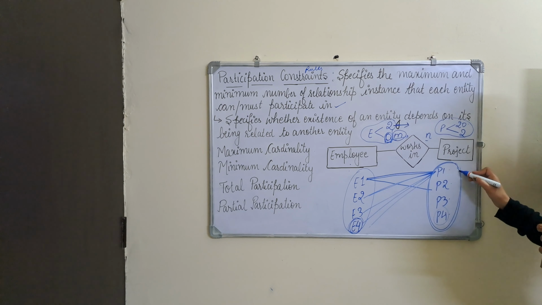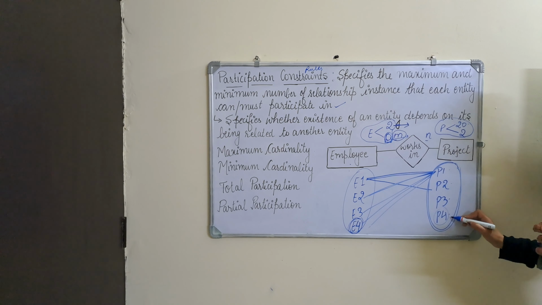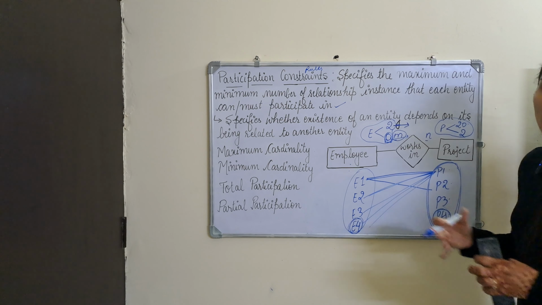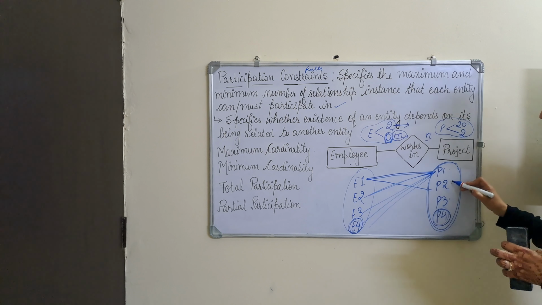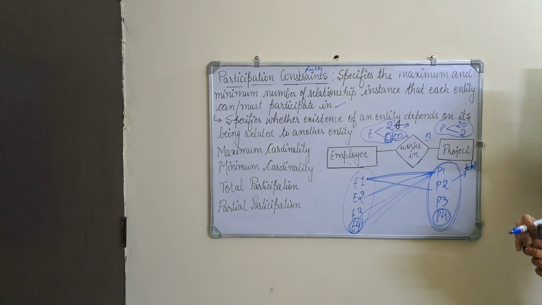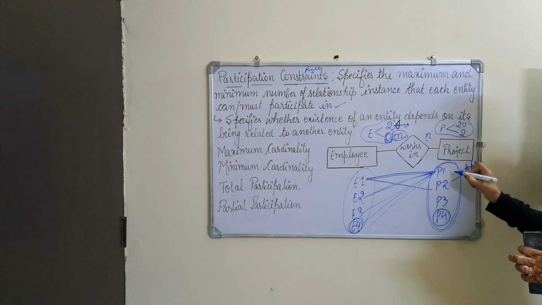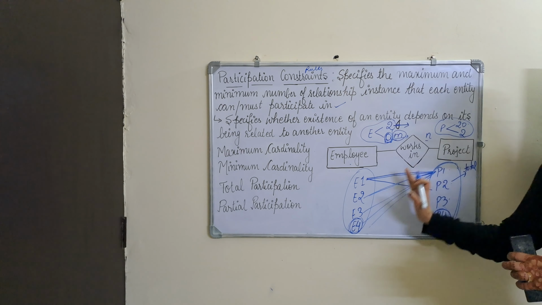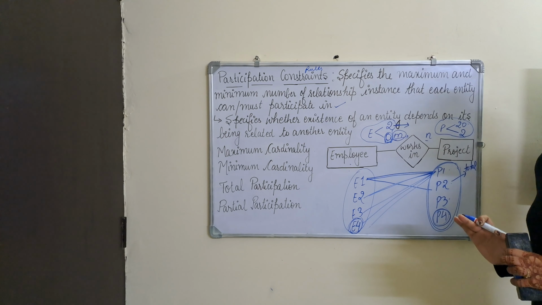That means there is not going to be any project that is not participating in any relationship. So we say that this entity set has total participation, because each and every entity within this entity set is participating in a relationship.